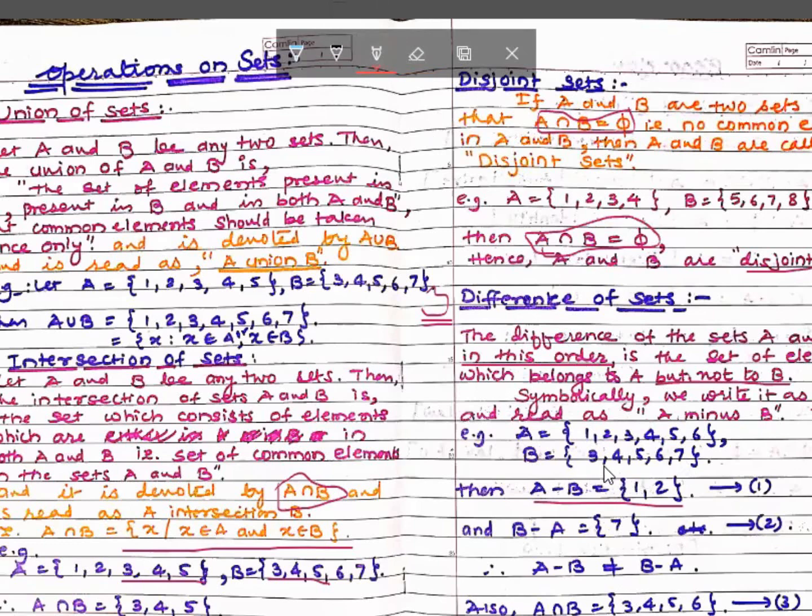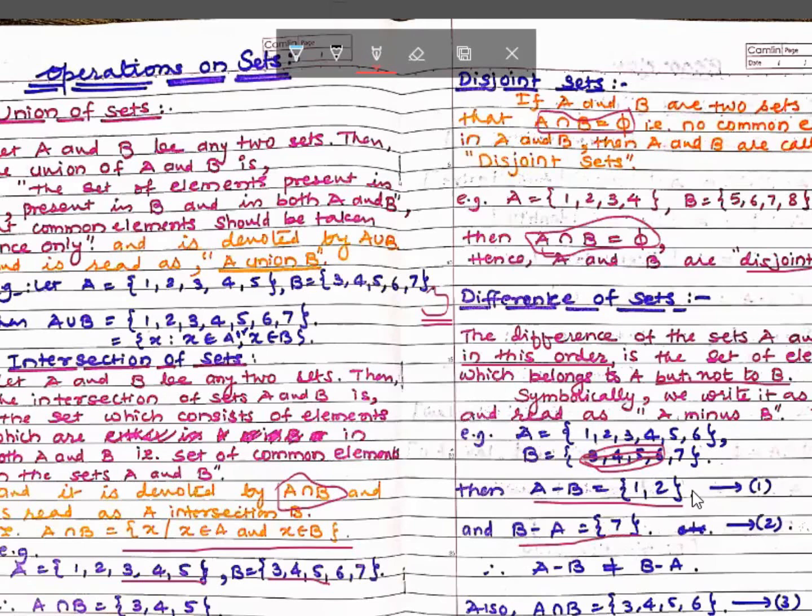So from the set B, 3, 4, 5, 6, 7, again the numbers 3, 4, 5, 6 are also present in A. We should skip these numbers, and what is left? We are left with only 7, and that 7 is nothing but the difference of B and A, that is B minus A. Is it clear?